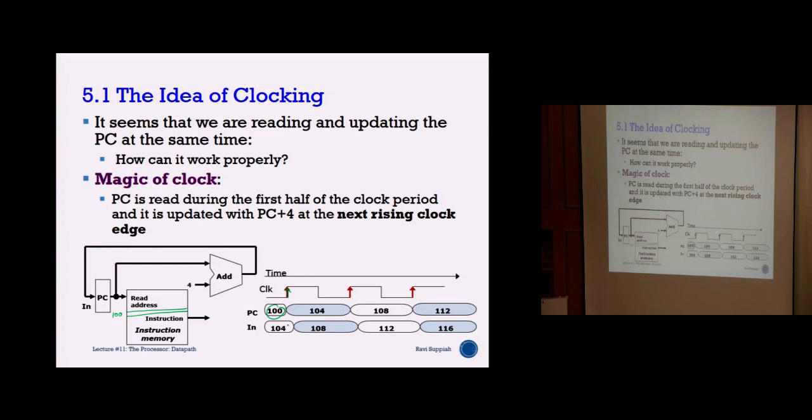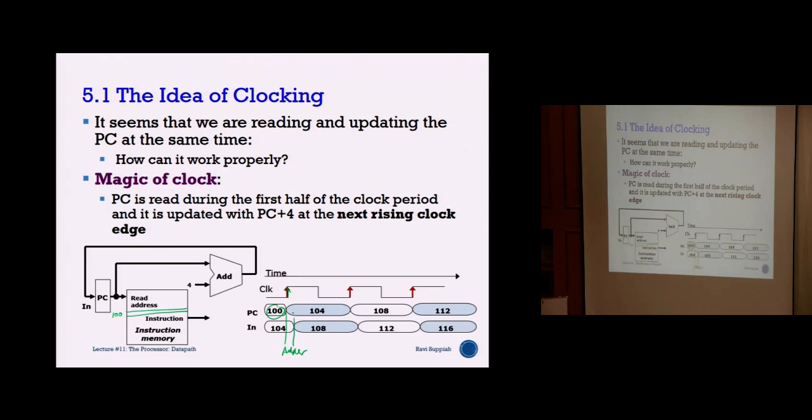But within a very short period of time, it becomes 104, correct? This time is basically the time for the adder. It's probably a few nanoseconds to do the add operation, and then you get the output of PC plus 4.